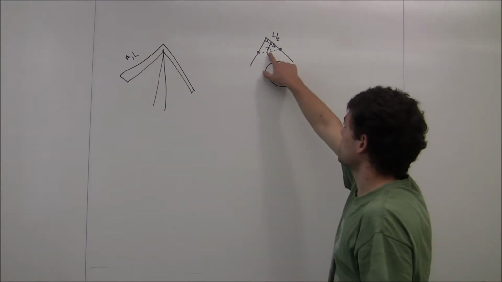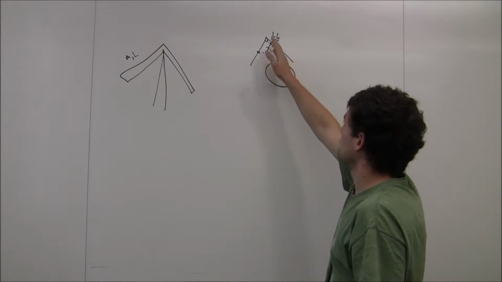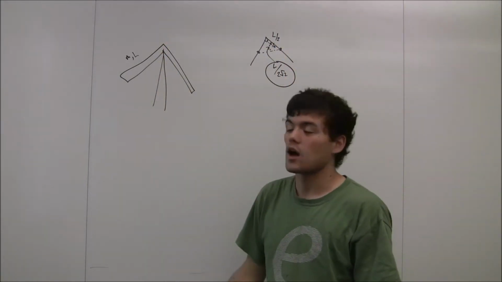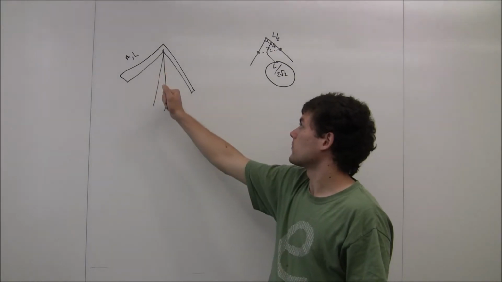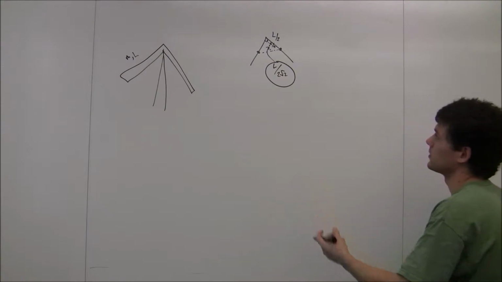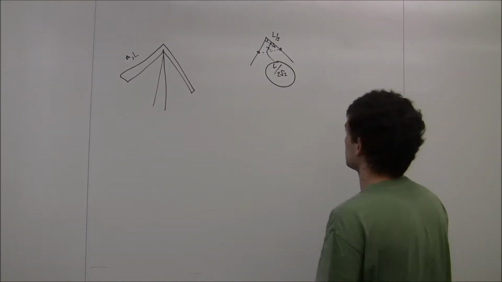And now we know that that is directly in between because the sticks are symmetrical about the vertical axis, and so the center of mass would have to be lying upon that axis.